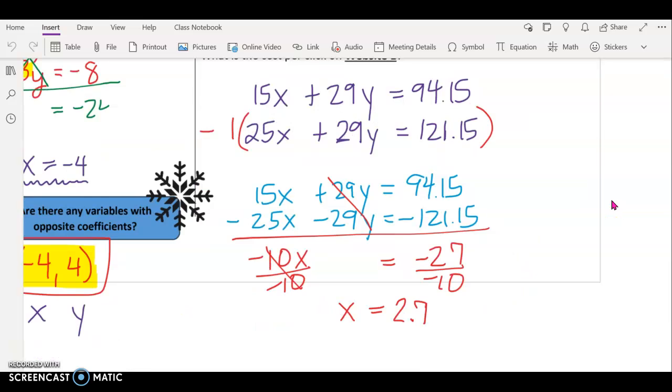Okay, guys, so please check the work that I have on here. You can see the first equation I just rewrote in blue, and the second equation I multiplied by -1, which really didn't change anything. All it did was change the signs of all of them. They all became negative. And then adding them together, 29y and -29y cancel out. 15 and -25 add up to -10, and $94.15 minus $121.15 is -27.